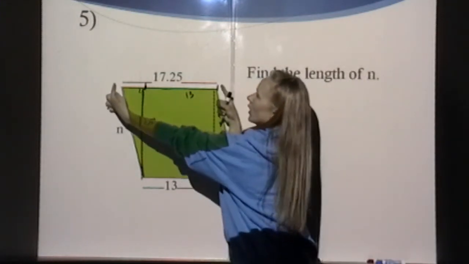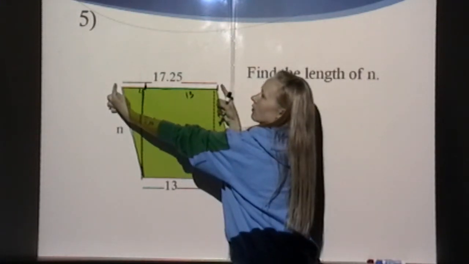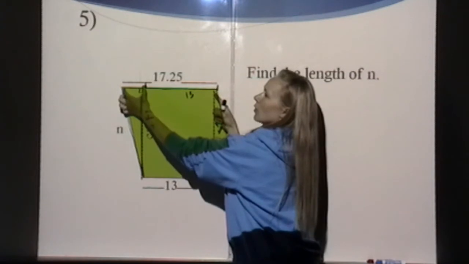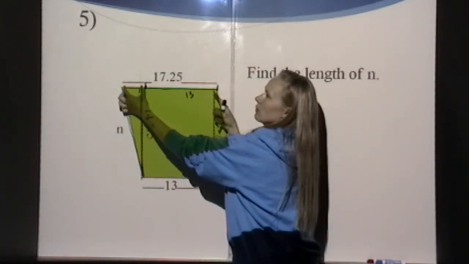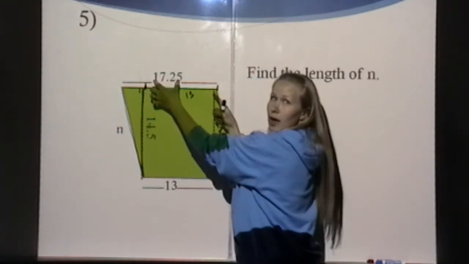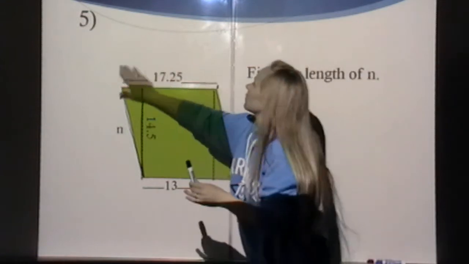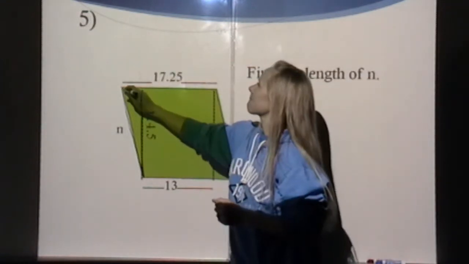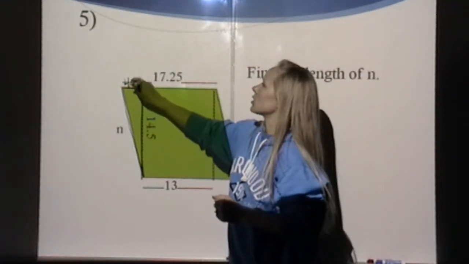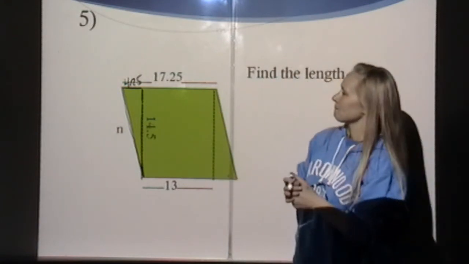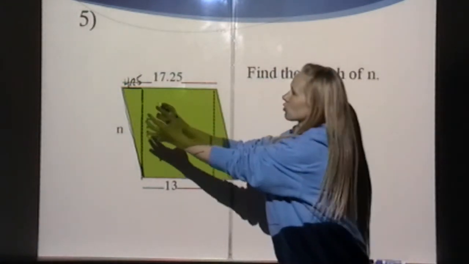Well, if all the way across here is 17.25, and this is 13, how much would be left for this? So what I'm doing is taking 17.25 and subtracting 13. When I do that, I get 4.25. So this distance is 4.25. So I'm going to pull that triangle out here.